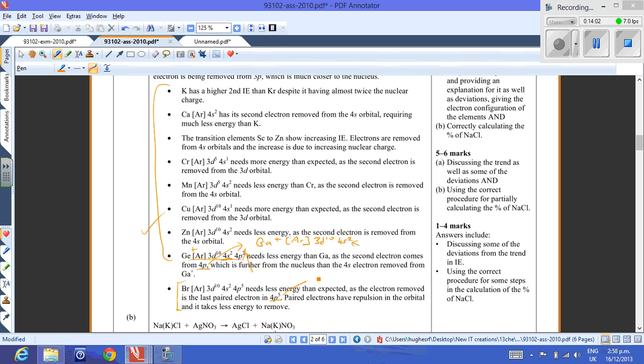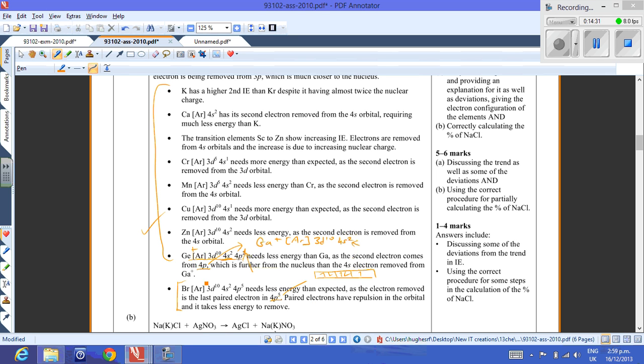So if we represent the p orbital like this, we have the subshells, and you fill each subshell individually first of all, and then you pair them up. So this would be the situation for 4p, so 4p5 would be right there.